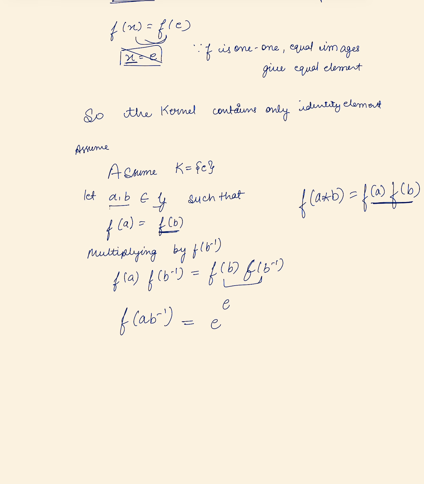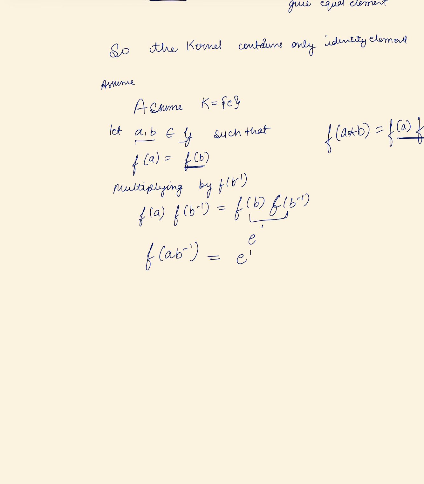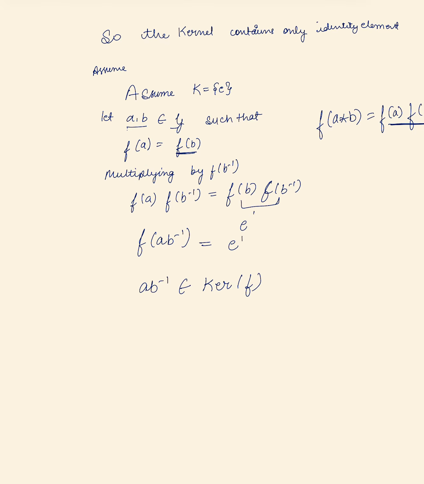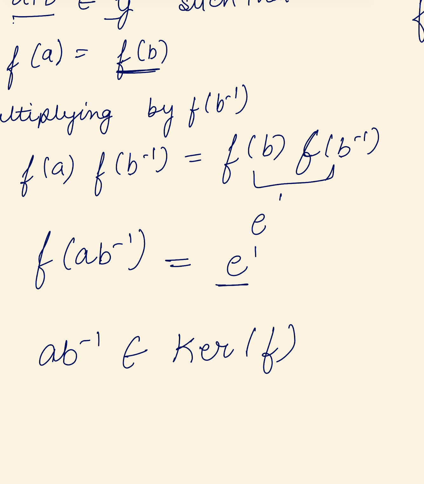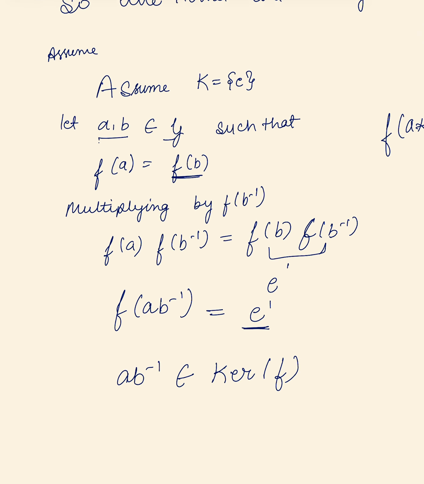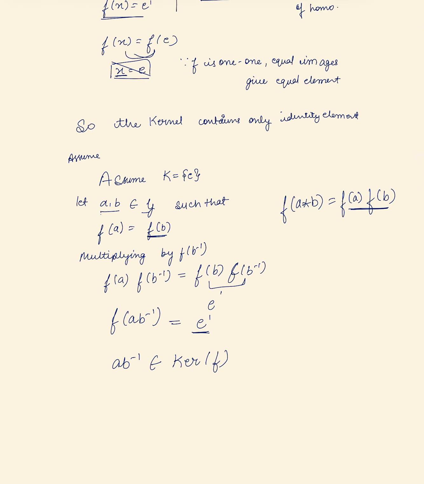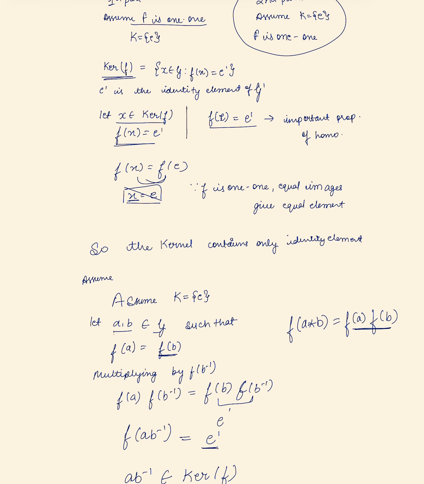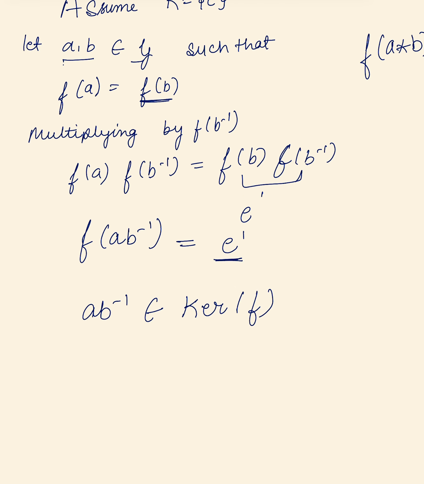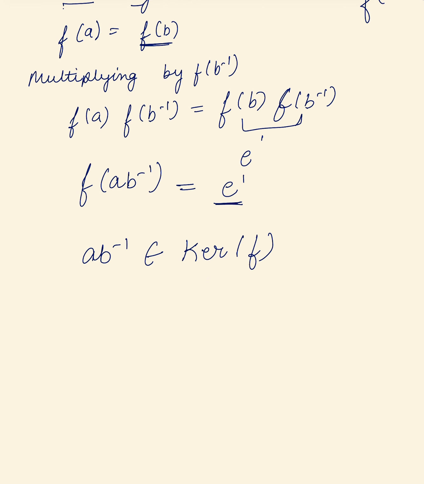So this is equal to E dash. This means that a b inverse also belongs to the kernel of f, because E dash is the identity element and we have seen the definition of the kernel in part 1.